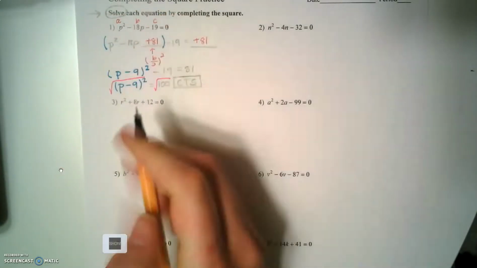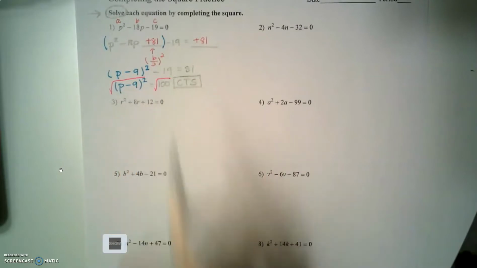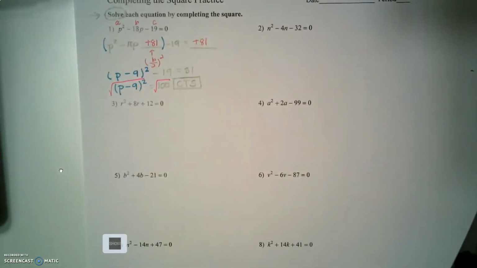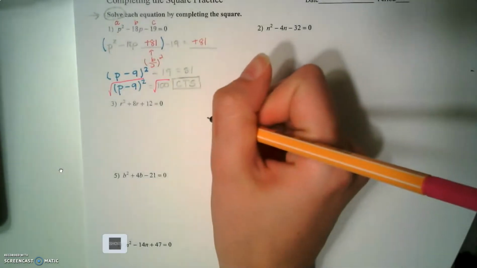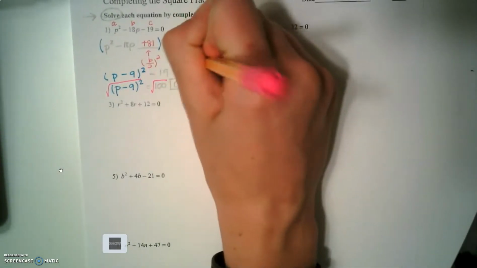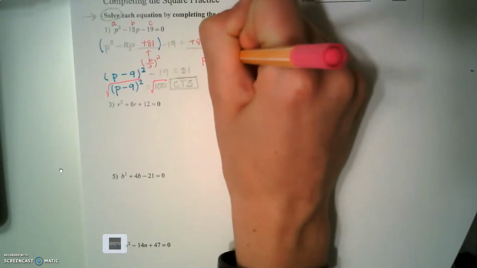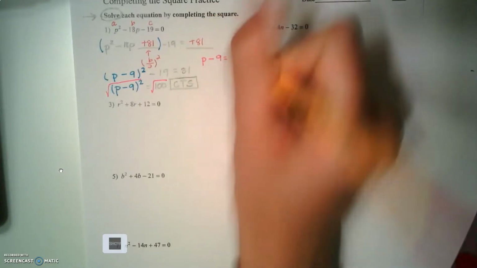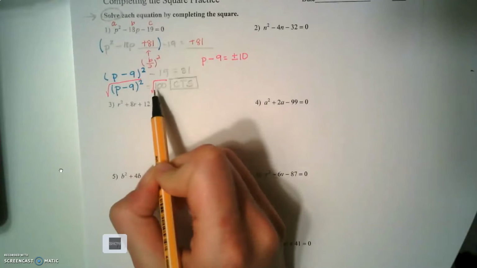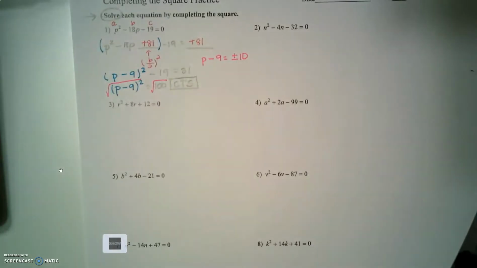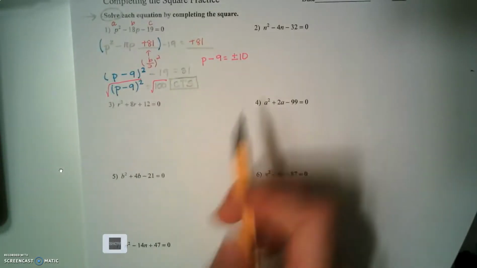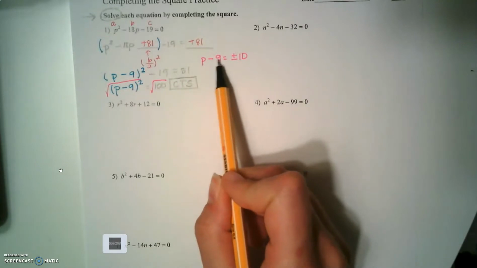I can square root both sides because I have something squared totally by itself. So when I square root it, that's going to give me p minus 9 is equal to a positive and negative 10. The squared goes away, and I know the square root of 100 is perfect. After that, I have to solve.